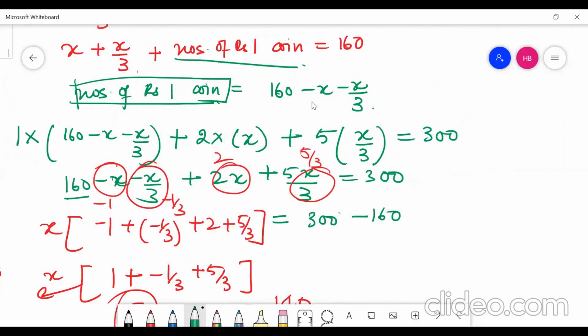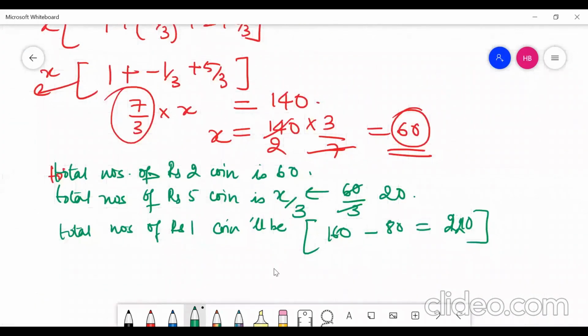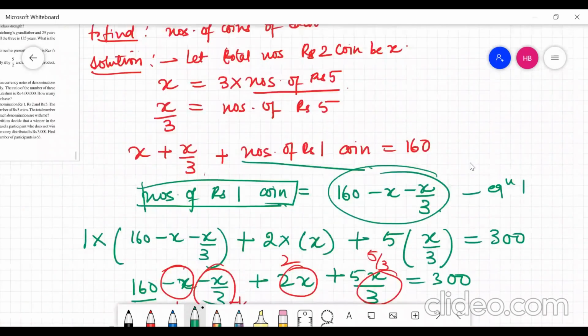If I put the values back in this equation 1, I will find the value of the total number of rupee 1 coin, which will be 160 minus 80, which will give me the answer as 80. So my answer here will be 80. Okay. So that is my answer for question number 15.